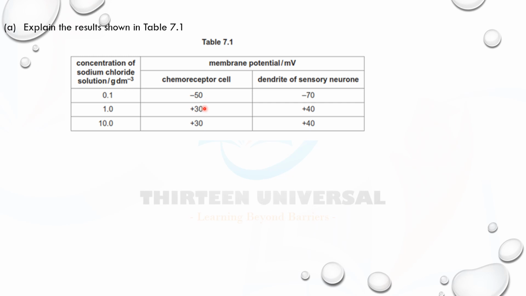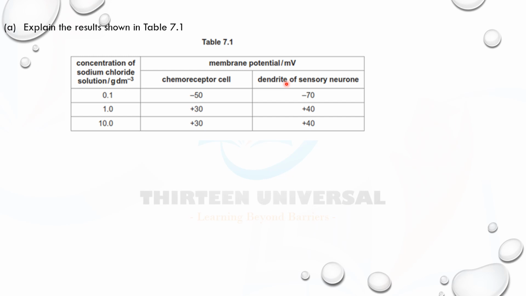That will cause neurotransmitter to be released into the synaptic cleft, and then that causes an action potential to be initiated in the dendrite, because information moves from here to here.